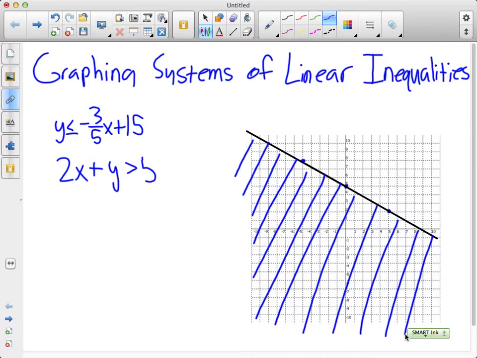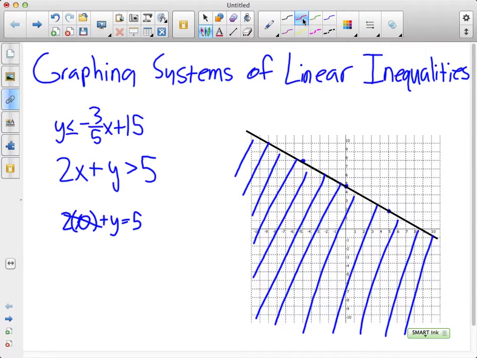Now we can graph the other line by using the slope-intercept method. I'm going to graph this one by intercepts just to mix things up a little bit. So I'm going to find my y-intercept by setting x equal to 0. So I have 2 times 0 plus y equals 5, which just means that my y-intercept is 5.